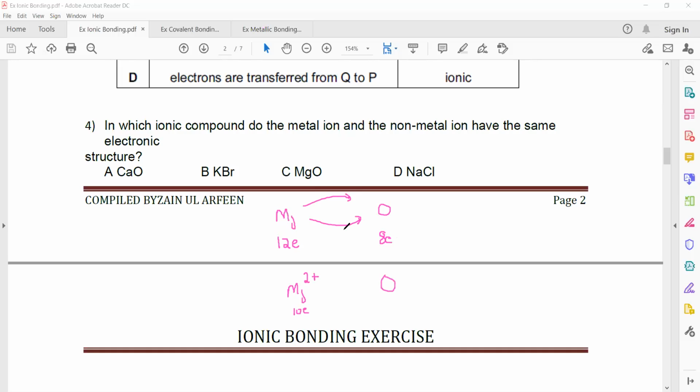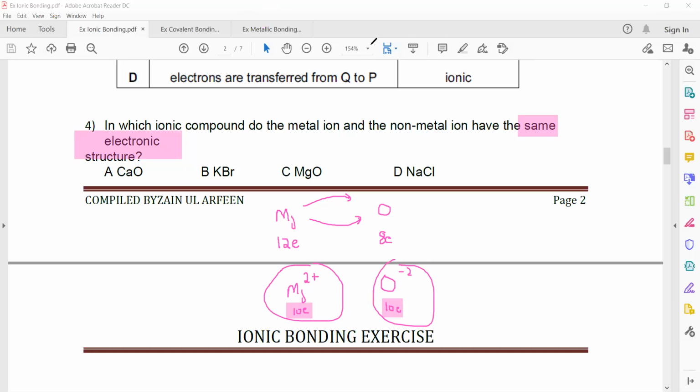Then what about oxygen? Because oxygen gained 2 electrons, how many electrons will be on oxygen? 10 electrons. So now the number of electrons is the same for magnesium and oxygen. These ions have the same electronic structure, so the number of electrons of the magnesium ion is the same as the number of electrons in the oxide ion.